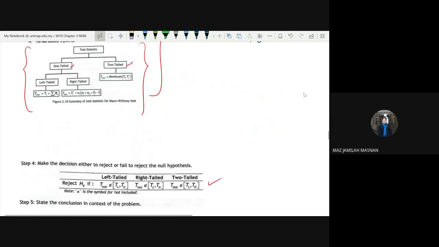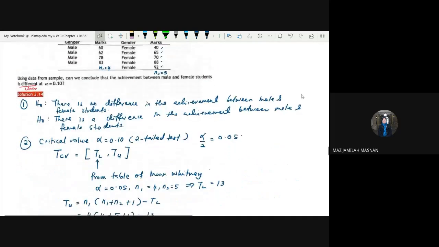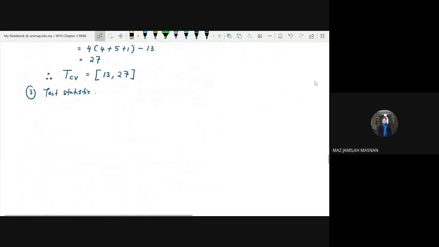It would be good if you just do it. I will need to rewrite the table. We have gender, we have marks, then we have to rank them.